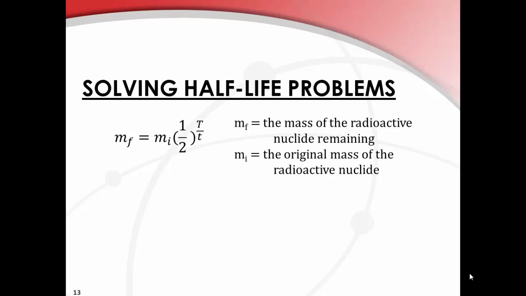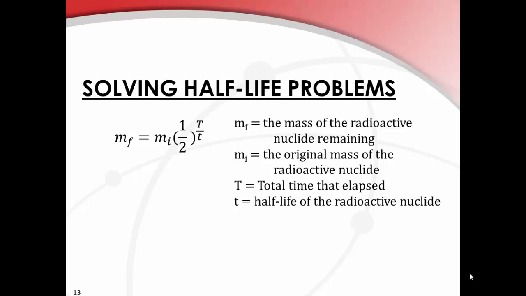M sub i represents the original mass of the radioactive nuclei. Capital T represents the total time that elapsed, and lowercase t represents the half-life of the radioactive nuclide. I will demonstrate a few methods on the next few slides.